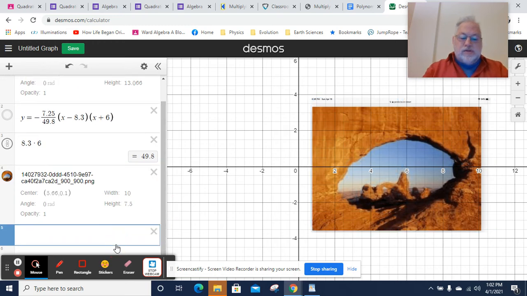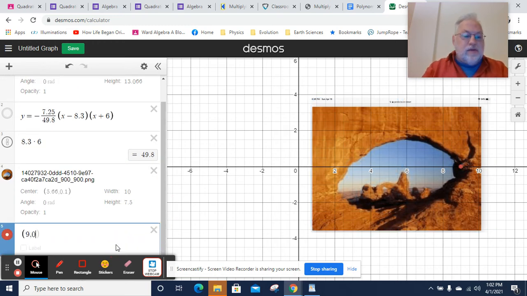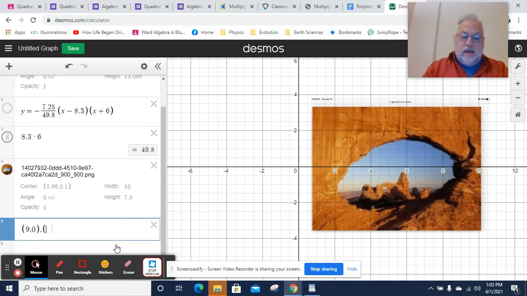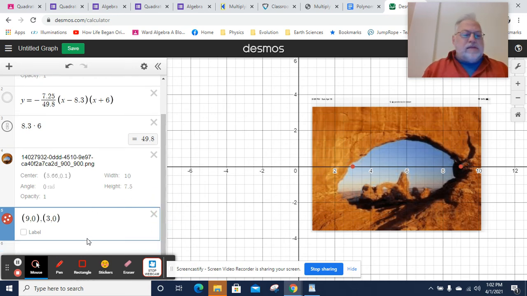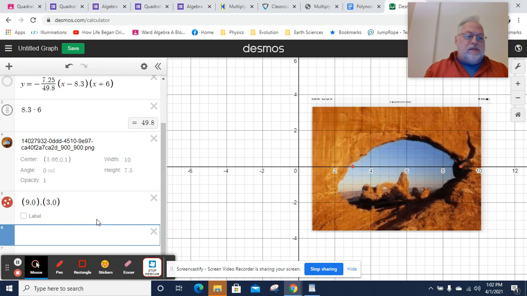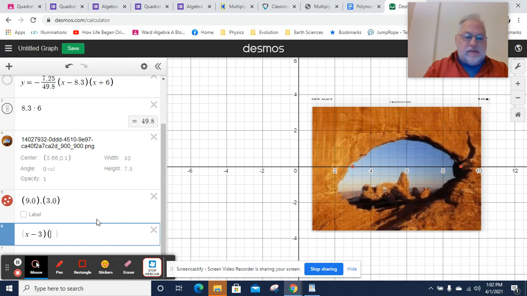Okay, so I'm going to assume that I'm aiming for 9, 0, and 3, 0. Those are going to be the intercepts I seek. Right, I might decide to change them slightly. So I'm going to turn this into x minus 3 times x minus 9.